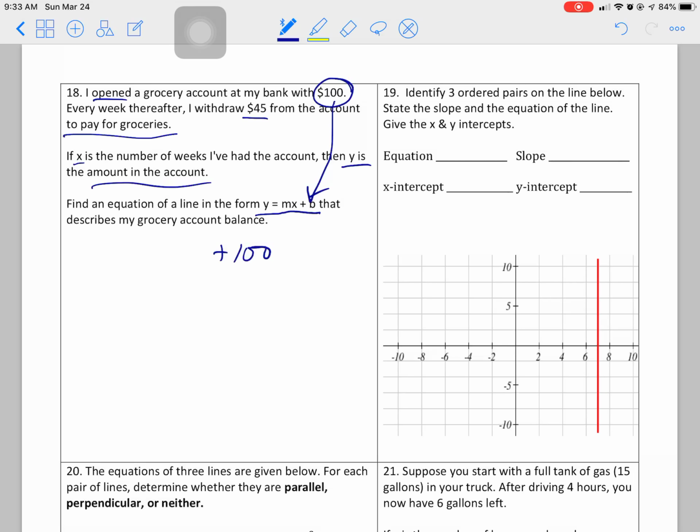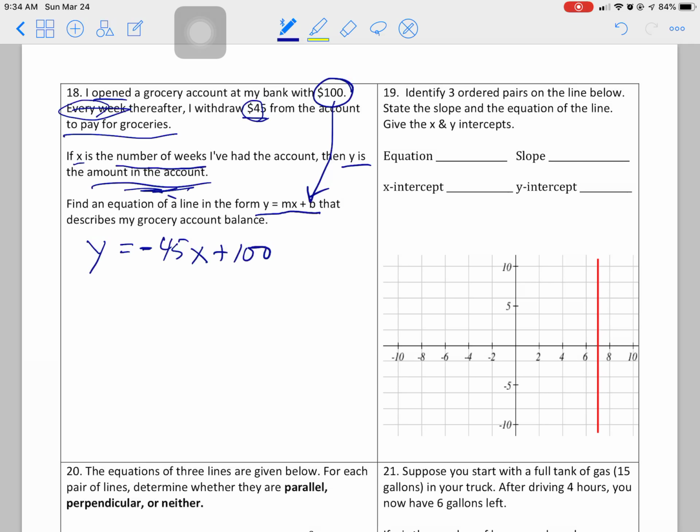And how much are we withdrawing per what? Per week. So X is the number of weeks, and it's $45 every week. So 45, I'm withdrawing. If the bank account is going down, the y, the total in the account, is going down, then the slope has to be a negative slope.